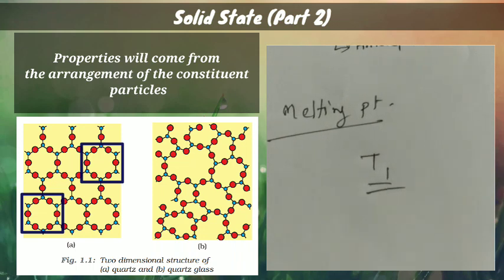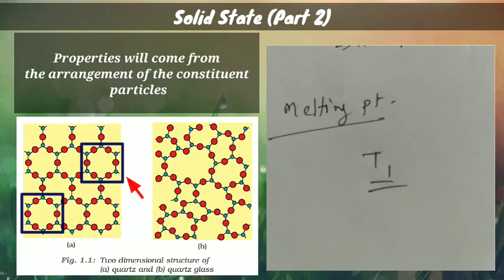The number of bonds in this part will be the same as in the other part. That means we have to apply the same amount of energy to break the same number of bonds.